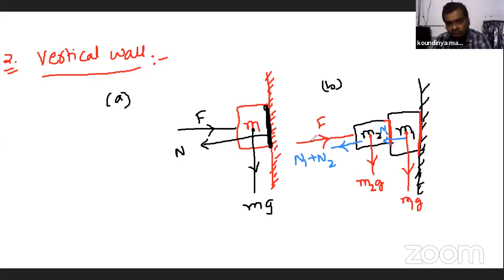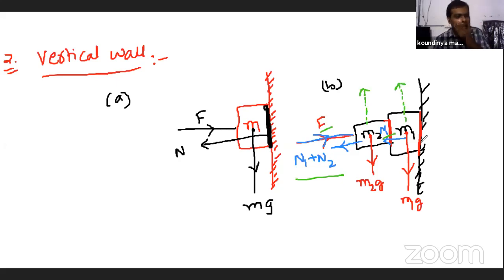Now I want to find in which direction we will have the acceleration: towards the wall, away from the wall, or in the perpendicular direction?